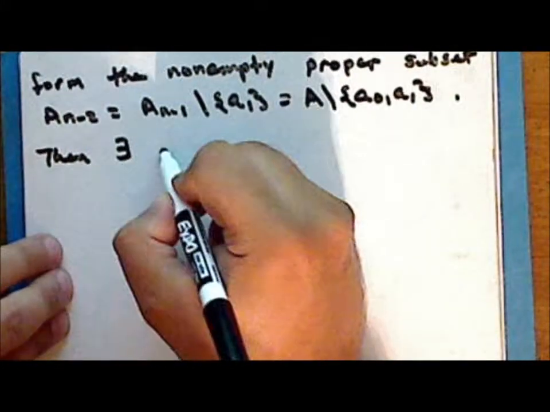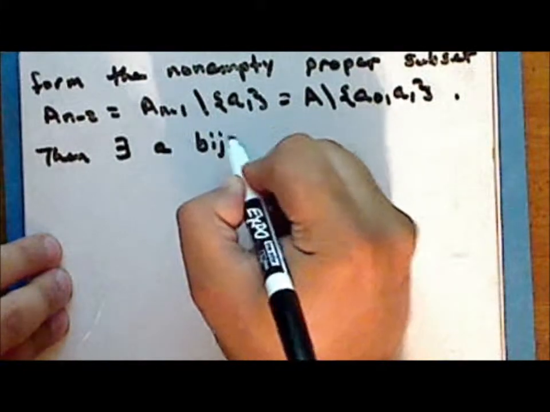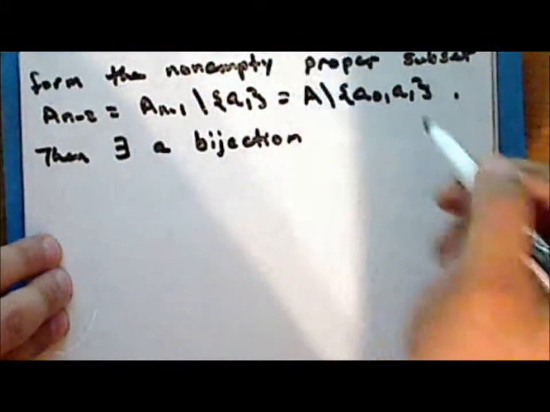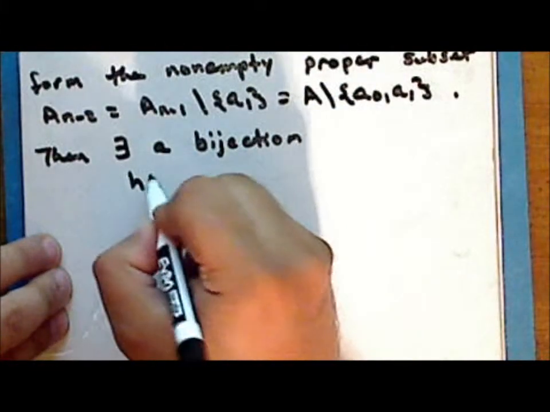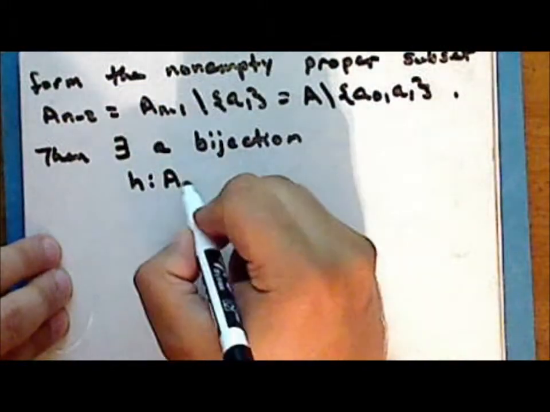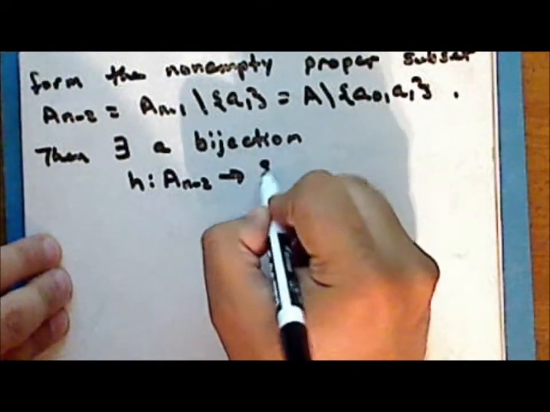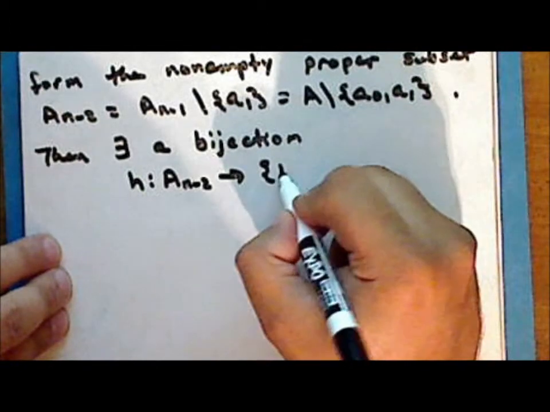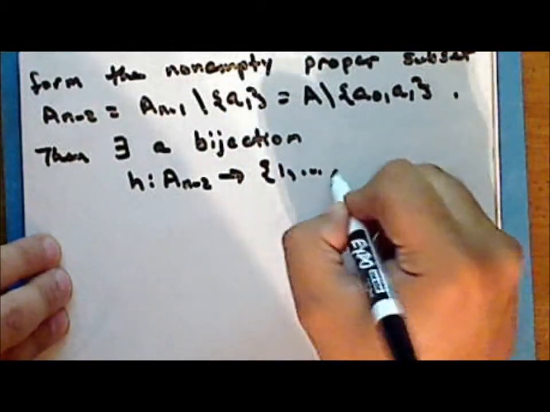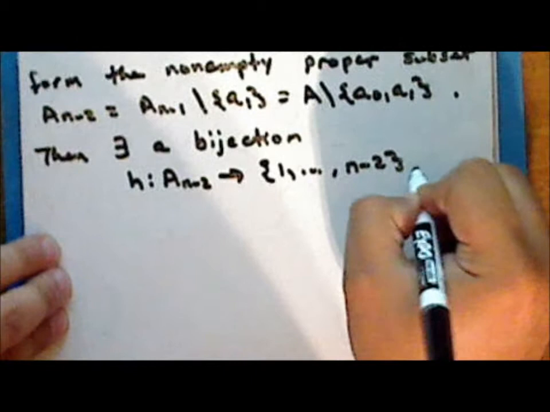Then, once again, by the previous lemma, there exists a bijection, which we will call H, mapping the set A sub n minus 2 into a terminating subset of positive integers beginning with 1 and ending with n minus 2.